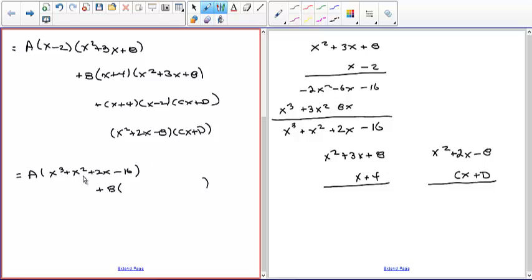And then you group the x cubed terms together and the x squared terms together, and the coefficients associated with those terms, and put them all together, and you'll end up with 4 equations and 4 unknowns ultimately. Okay, so I'm going to let you work on that for a minute.